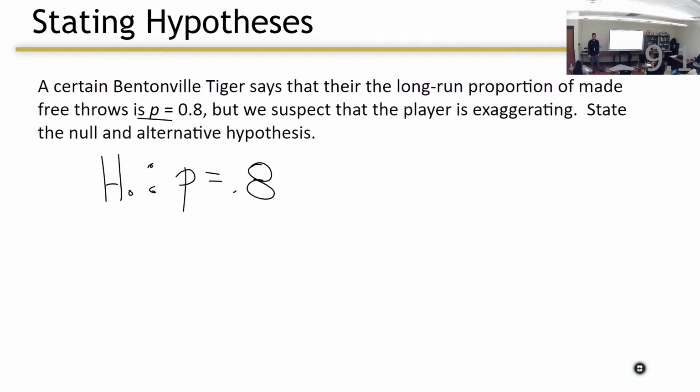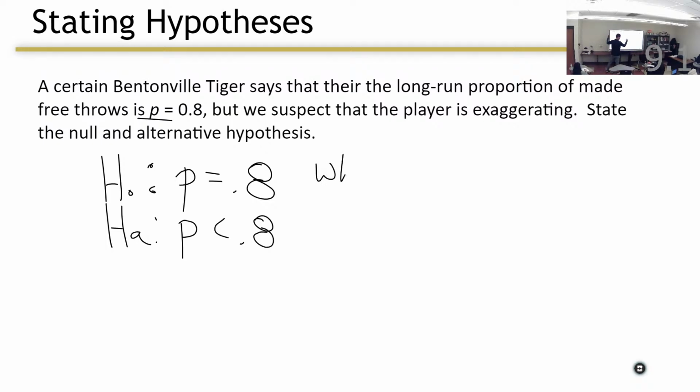P equals 0.8. Again, some students will mess this up and put hoe equals. Don't. You have to have a parameter, okay? And then we think they're exaggerating, so we're trying to prove that it's less than 0.8. And then you've got to tell me what P is.